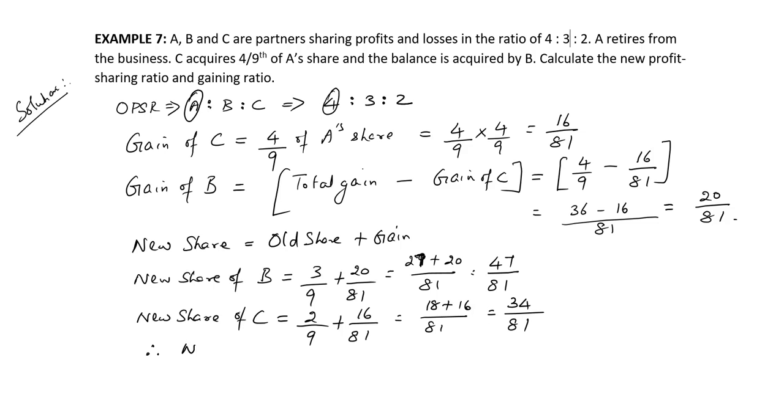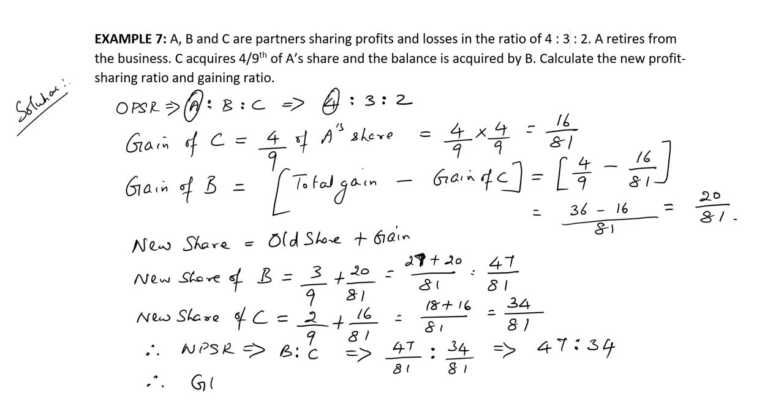Hence, NPSR between B and C is equal to 47 divided by 81 is to 34 divided by 81, which is 47 is to 34.